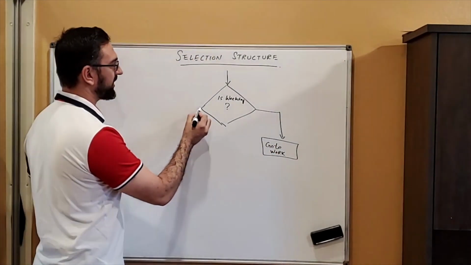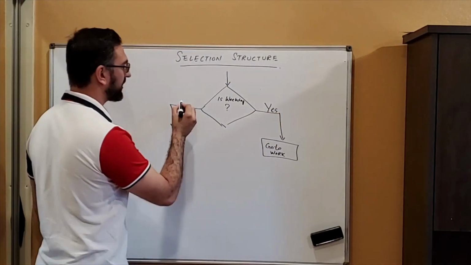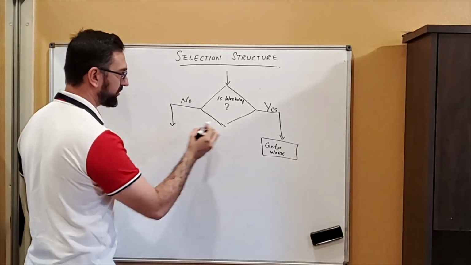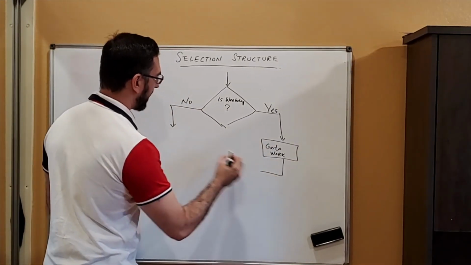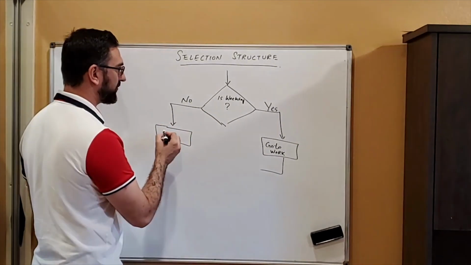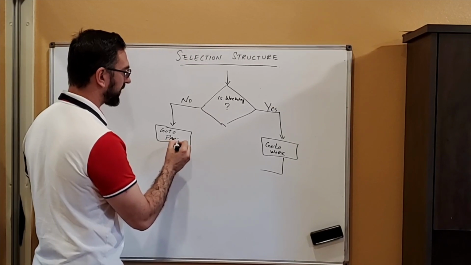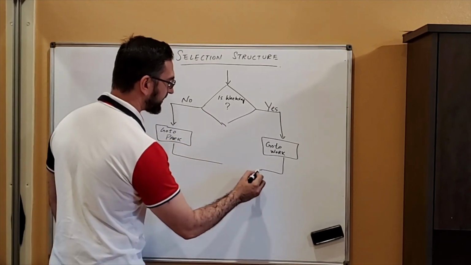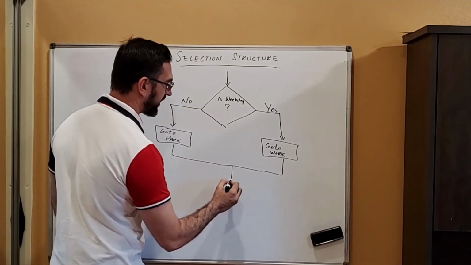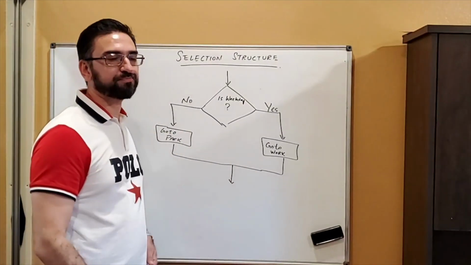So if weekday turns out to be true, you go to work. And on the contrary, if the weekday turns out to be false, you go to park, right? So this is the kind of decision we make in the program also, and it's represented by this flowchart.